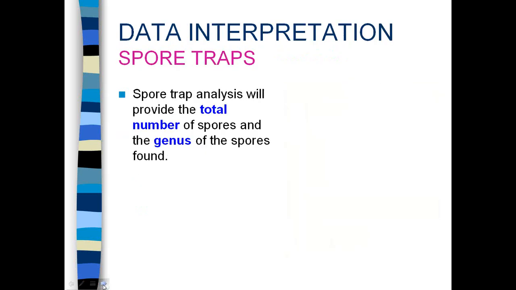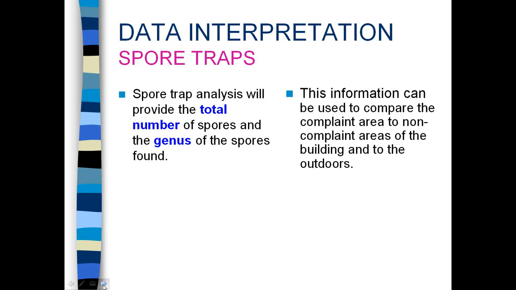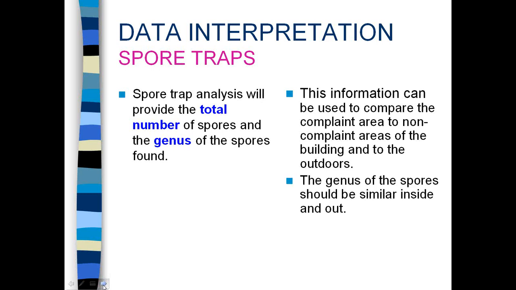Spore traps provide a lot of good information for a relatively low cost. For example, they will tell you the total number of spores and the type of the spores at the genus level. This information can be used to compare the complaint area to the non-complaint as well as to the outdoors. The genus of the spores should be similar inside and out, but the numbers should be lower inside.